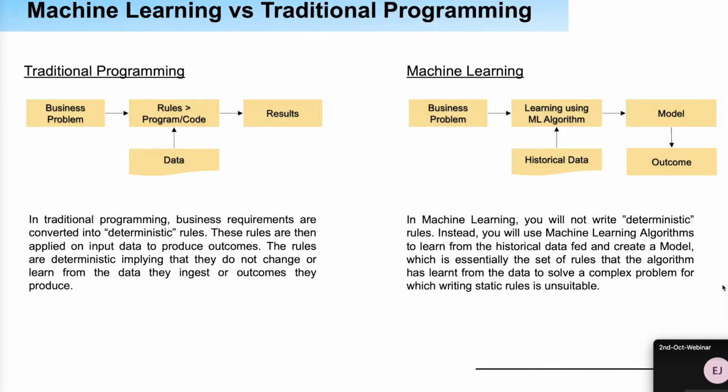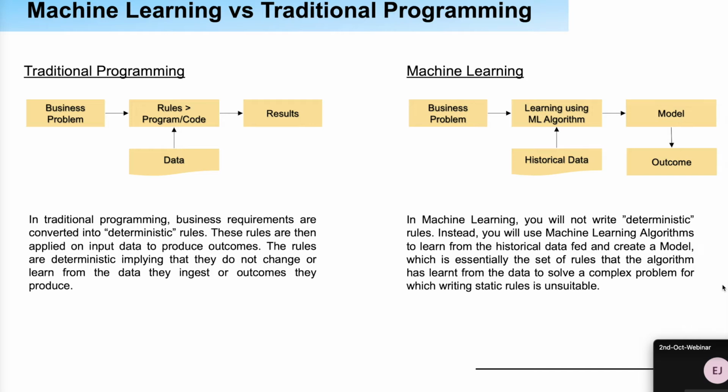Now let's understand the difference between traditional programming and machine learning modeling, right? In traditional programs, let's say you are writing a Java program, or a Python program, which is not machine learning, which is your traditional programming.